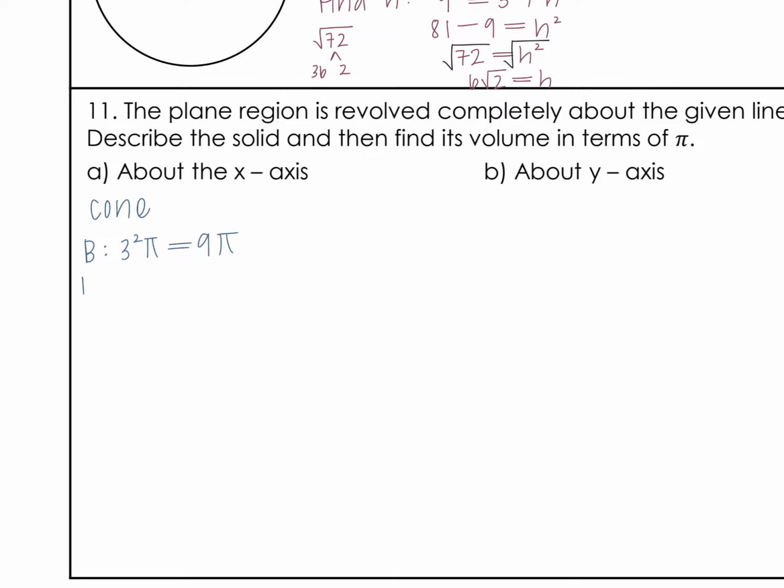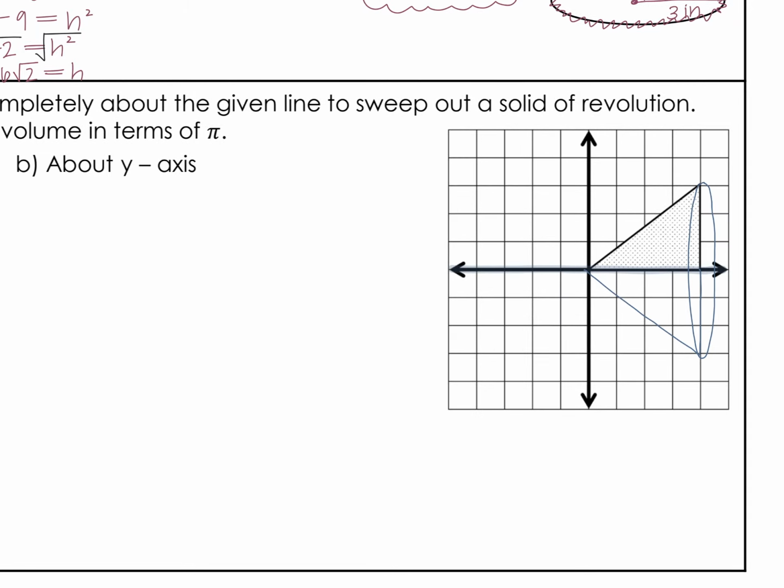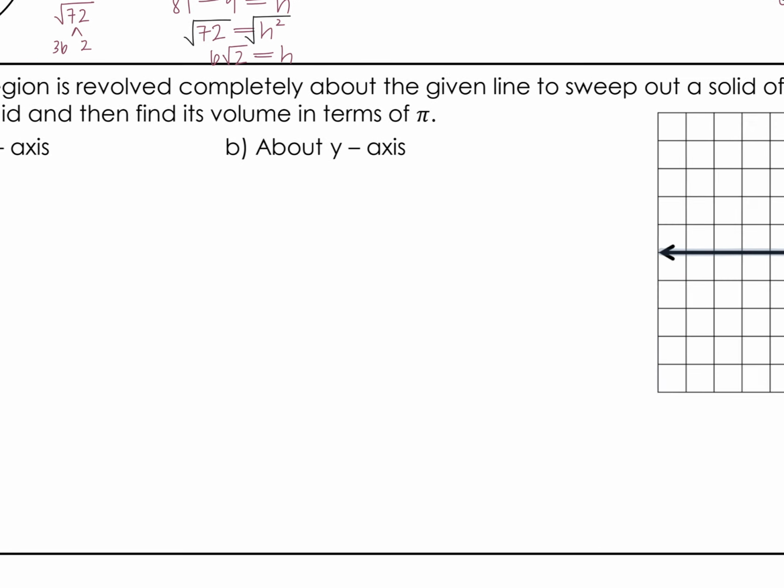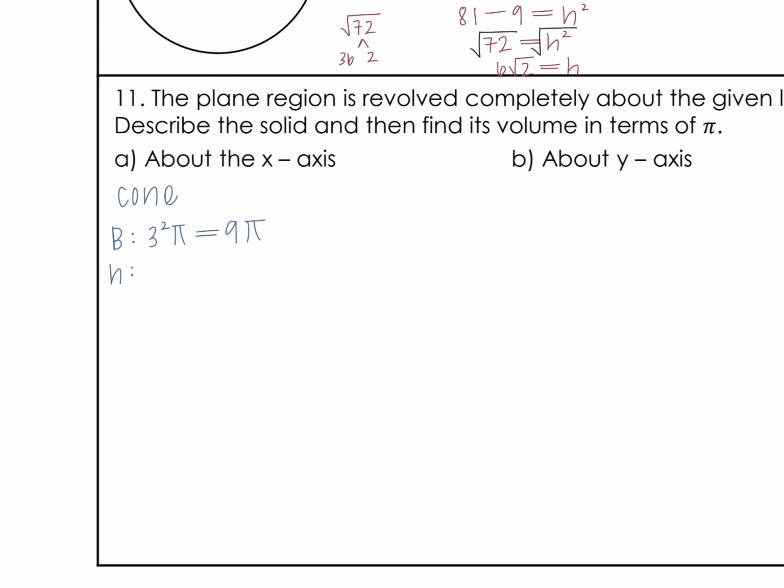And then for our h, our height, we are going to have a height of 1, 2, 3, 4. Okay, so finding my volume of this cone, we're going to have 1/3 of 9 pi times 4, which will give us 12 pi units cubed.